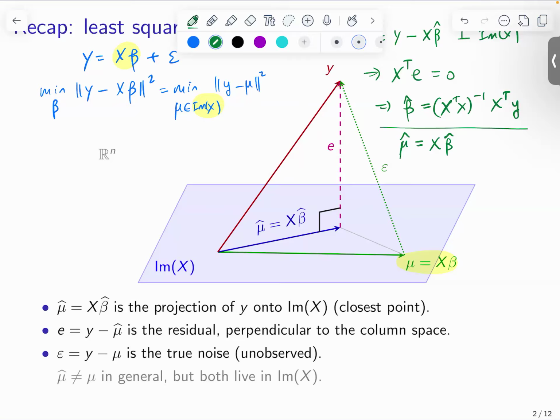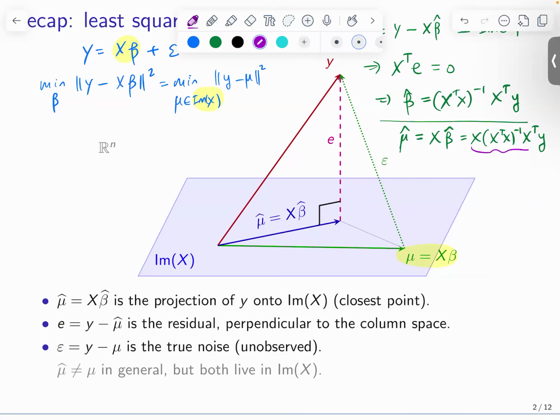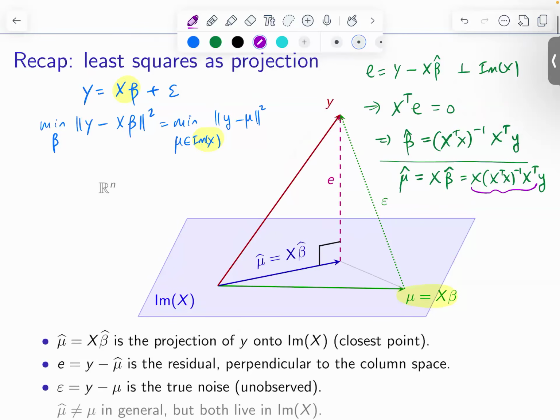If I plug in beta hat, I get X times X transpose X inverse X transpose y. Okay, and so there's this matrix here, X times X transpose X inverse times X transpose, which when multiplied by y gives me the projection.